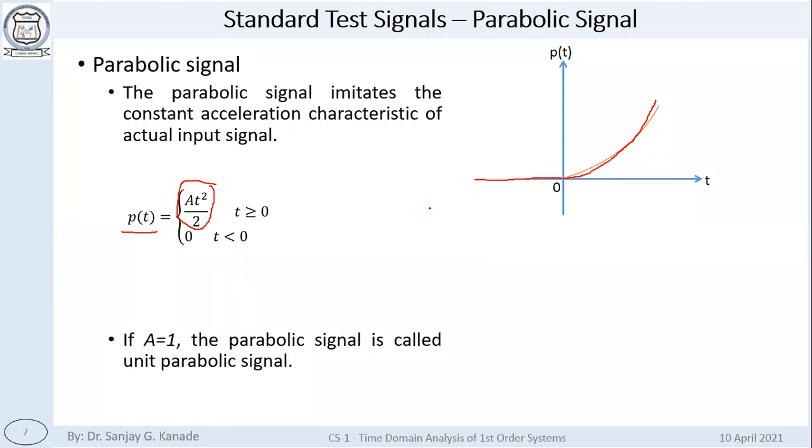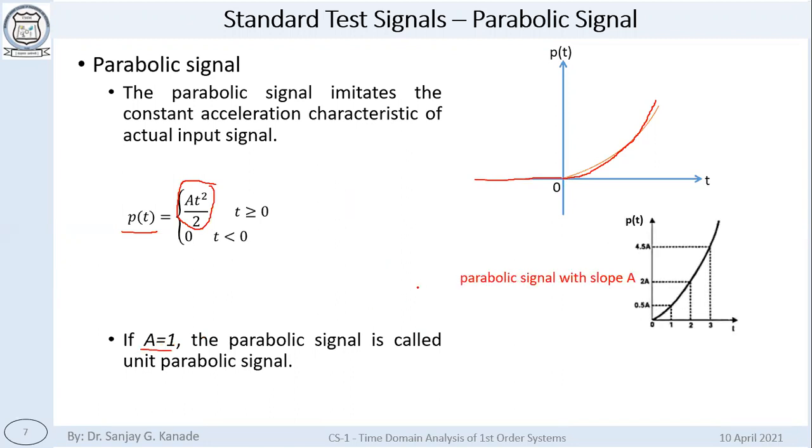So this parabolic signal is in the shape of a parabola after t is equal to 0, but before that it is 0. And again, if a is equal to 1, it is called a unit parabolic signal. And a is nothing but the slope of the parabola.